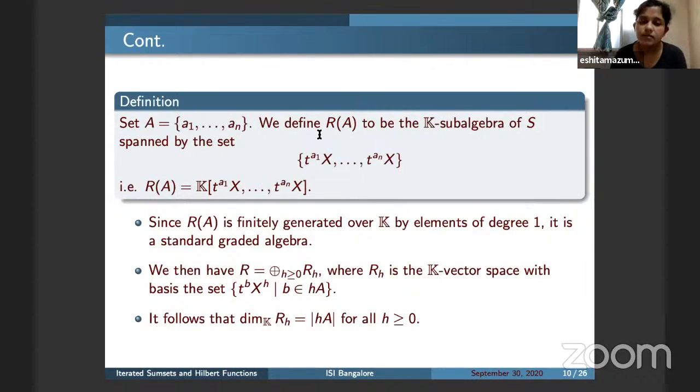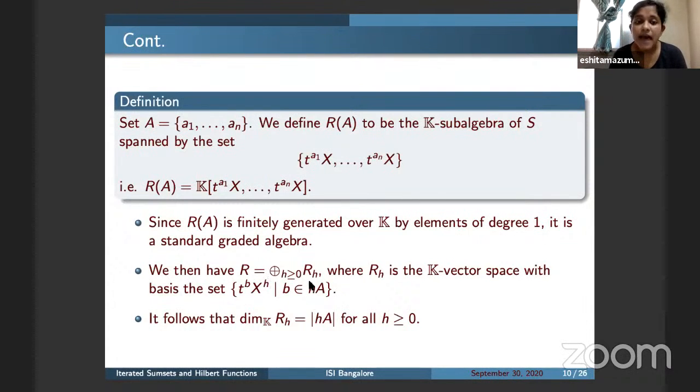Now we define RA to be the K subalgebra of S spanned by this set, which is the set containing T power a1 x, and in this way up to T power an x. Clearly, RA is finitely generated over K by elements of degree 1. And this confirms that RA is a standard graded algebra.